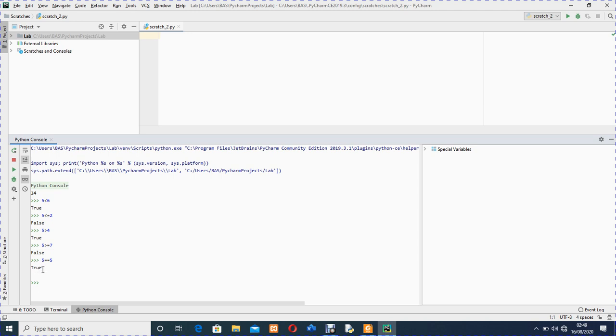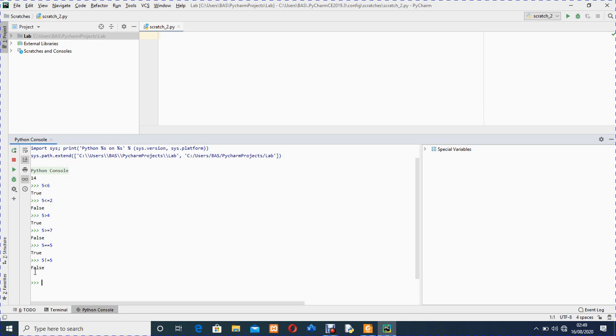It also executed true. The condition is satisfied. And the next is 5 is not equals to, let's say, 5. It executed what? False. You see?